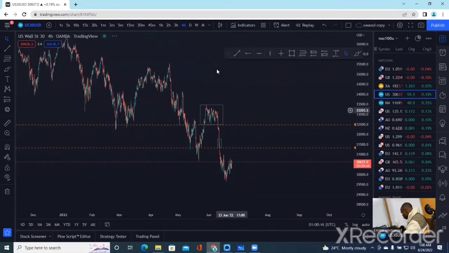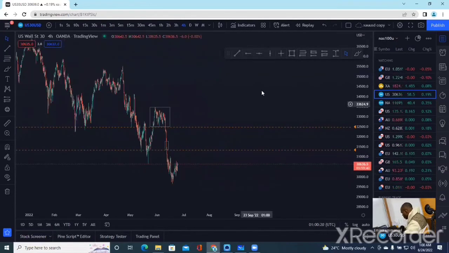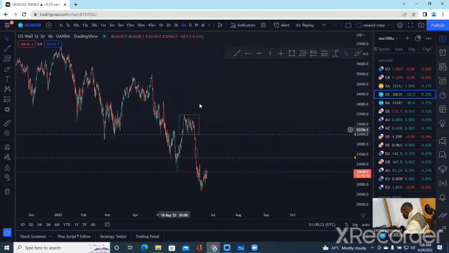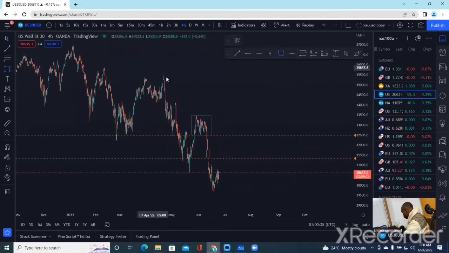You can see that on this leg on US 30, currently this one is only structure on a bearish movement. You can see that the market is getting something like this. Here is the high, because this is what the market used to break this low here at this moment.